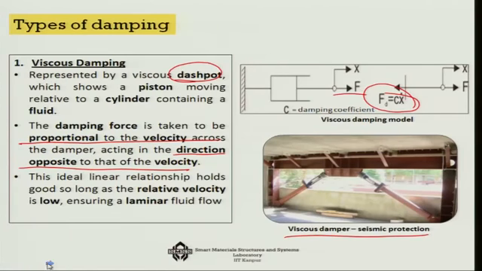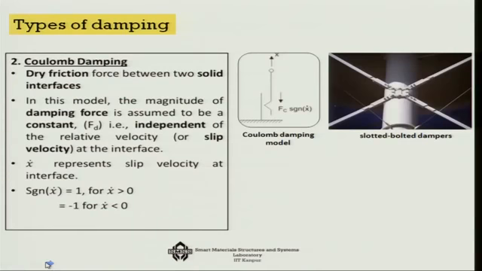There is another type of damping model also, that is known as the Coulomb damping model, which is basically dry friction force between two solid interfaces. Now, in this model, the magnitude of damping force, unlike the last case where it is proportional to velocity, which means higher the velocity more is the resistance, is assumed to be constant, and that is, it is independent of the relative velocity.